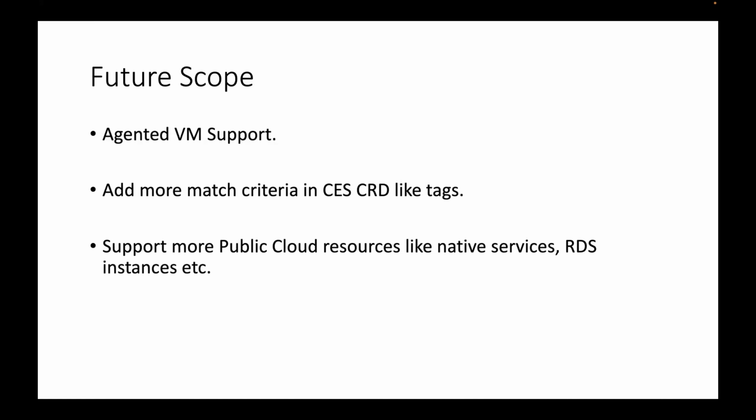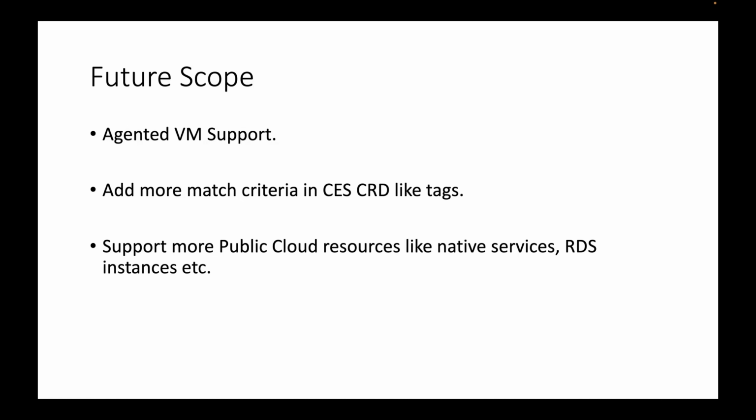Right now, the support is only for virtual machines, but we would like to extend this to other native services, RDS instances, and so on. At the end of the day, any public cloud resource to which we can add a security group can be imported as an external entity in the Kubernetes cluster.